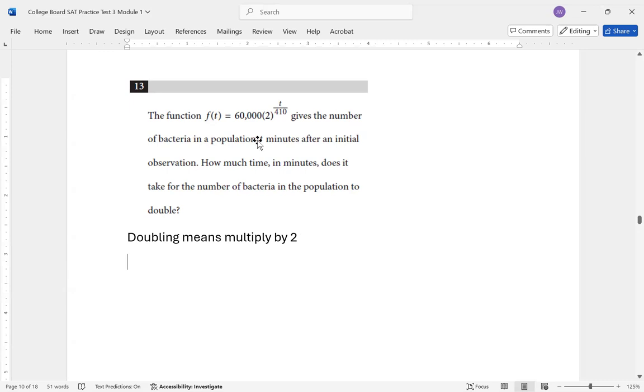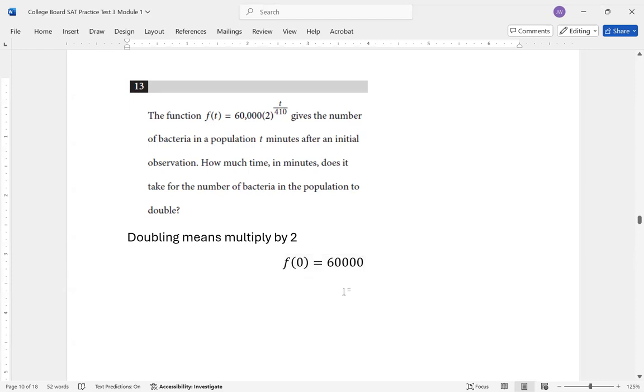So if we start at 0, f of 0, we end up at 60,000. All right? So plugging in 0 gives you 60,000. So we need to figure out, what do we need to plug in to get 60,000 times 2?